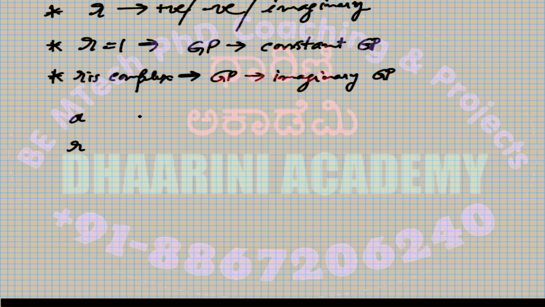If A is greater than 0 and R is between 0 and 1, you see that the terms are going to decrease. So this is a decreasing GP.